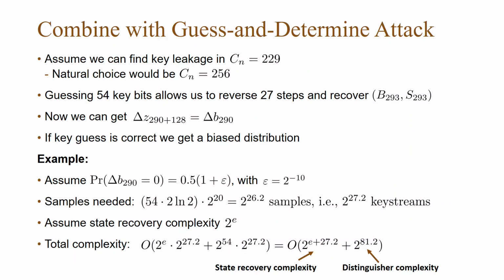So in summary, if we can find reasonably high biases in the state differentials, it would be possible to make an attack also when we have Cn equals 256, when we are assuming that we can guess a certain number of key bits and verify these guesses.